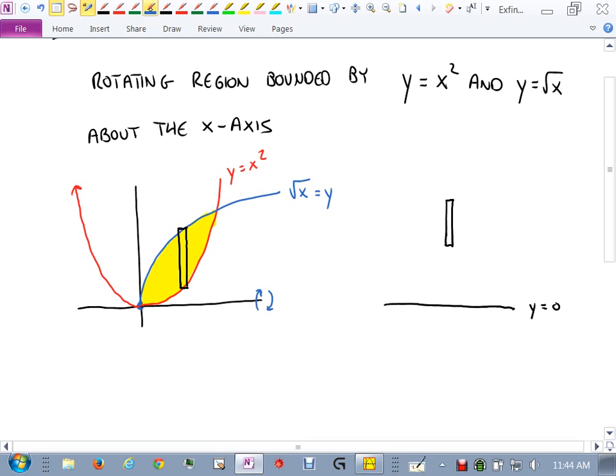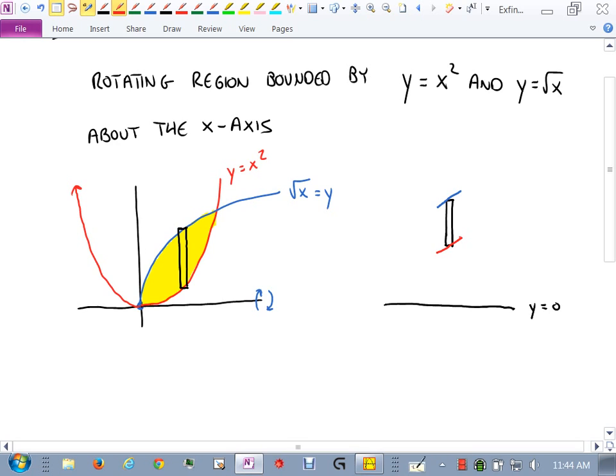Sometimes I even like to draw the blue curve and a piece of the red curve like that, so that I can see really clearly what the top and bottom ones are. Again, imagine I'm a person standing on the axis of rotation. This is the flat ground, I'm standing here, and I'm looking out towards the thing that's going to be rotated. The function furthest away from me is going to be the top function. The one that's closest is this one.